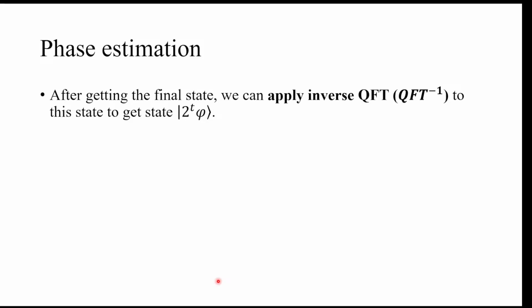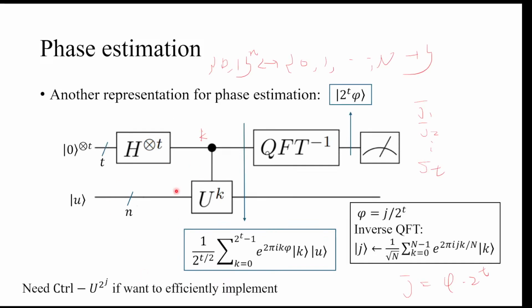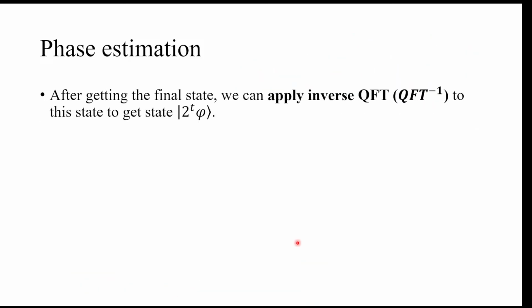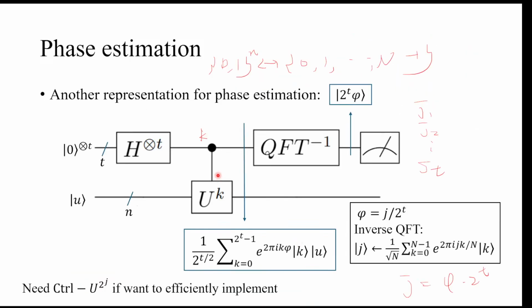So this is a more compact notation to write this thing down. You just think of all the things here as a binary string representing an integer k, and you apply U to the k.